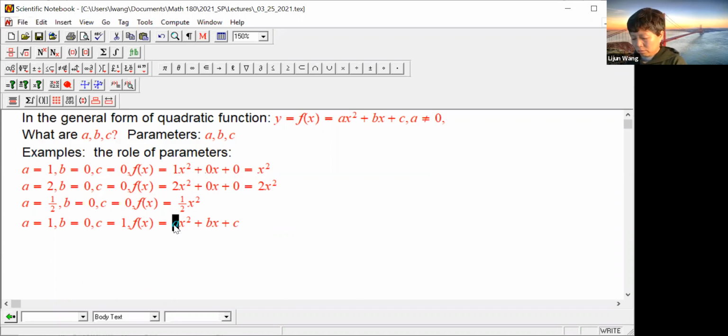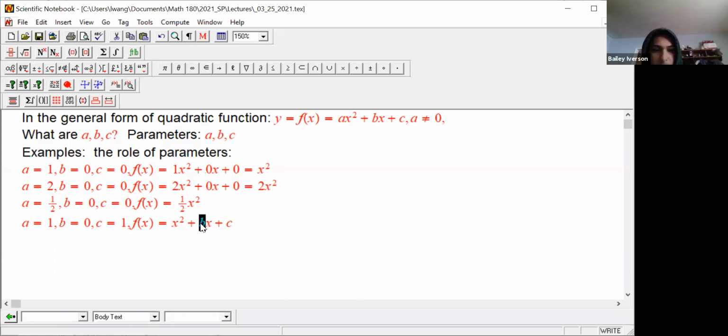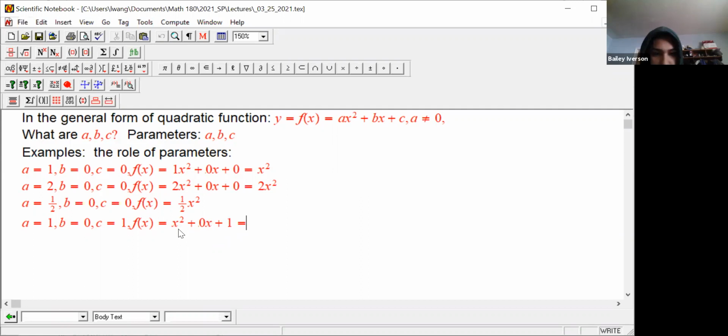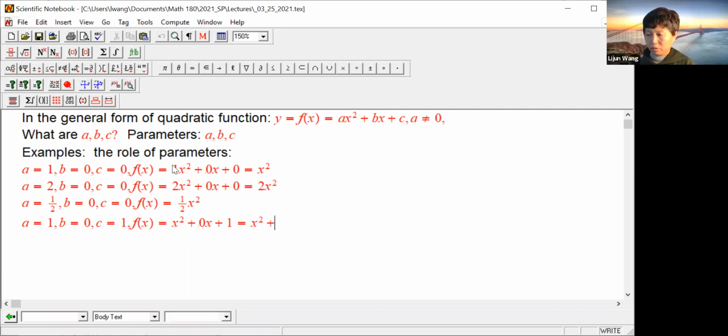A is 1, B is 0, C is 1. So what do we end up with? X squared plus 1. Yep, very good. Another case. I'm going to give you a few more cases and you are going to work out the quadratic function.